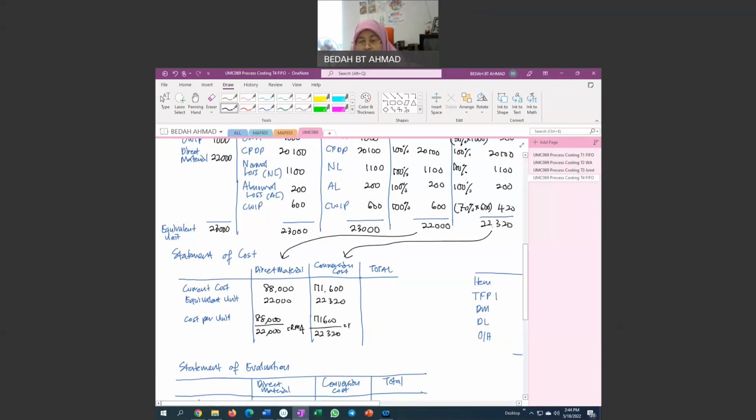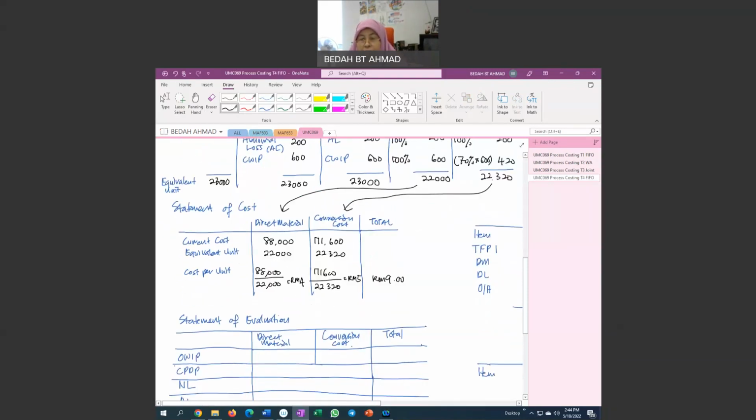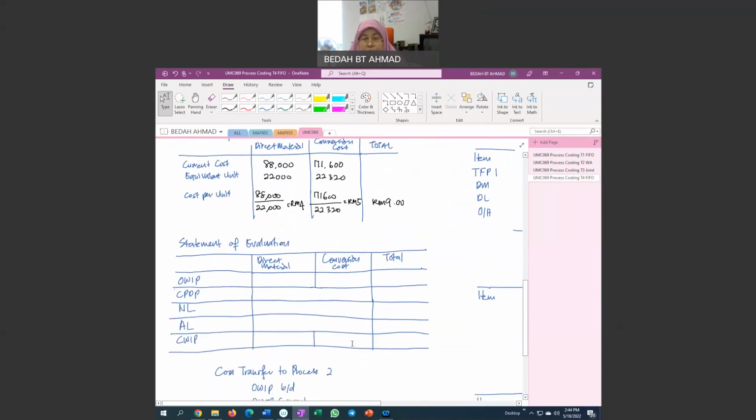So altogether, the total cost per unit is RM 9. With this RM 9 cost per unit, we can now value our opening work in progress, CPDP, normal loss, abnormal loss, and CWIP in our statement of evaluation.